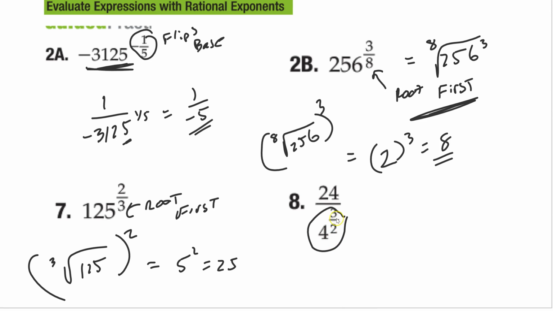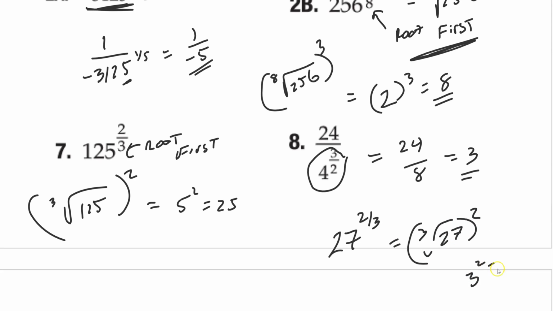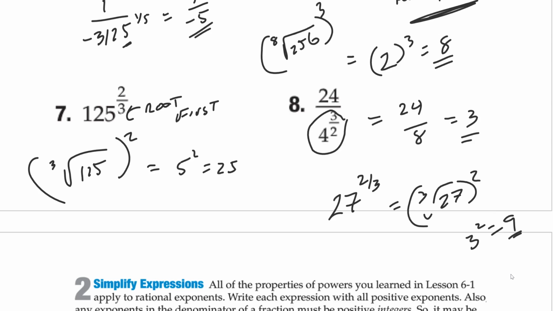Square root of 4 is 2. 2 cubed is 8. So that's how you do those problems. You always do the root first. If I gave you something like 27 to the 2/3, you'd say, okay, cube root of 27, then we're going to square that answer. Cube root of 27 is 3. 3 squared is 9. So that's how you do those.